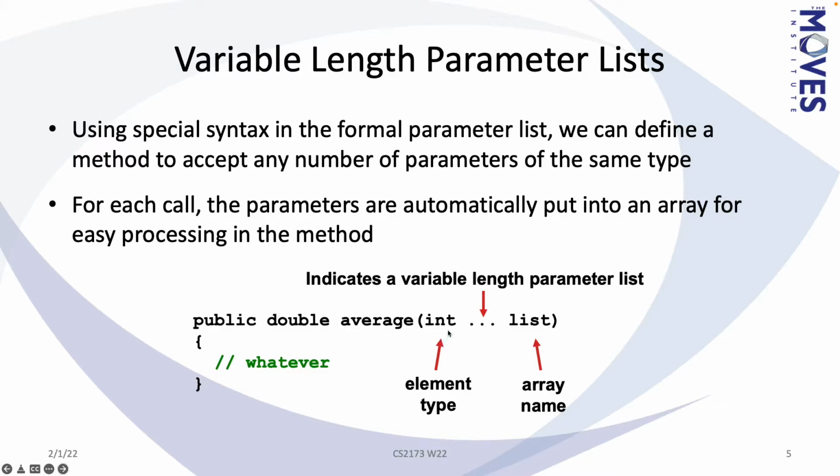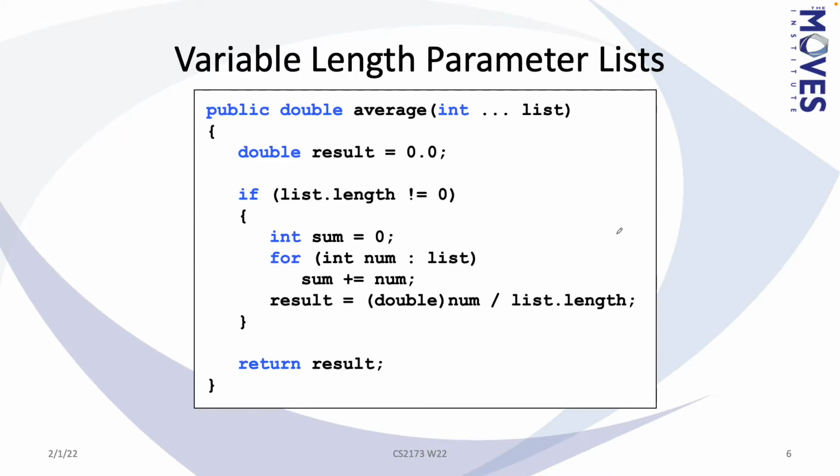It doesn't really matter. So this is the type, and it's a variable argument, and then this is just the dummy argument variable. Now what it does on the inside is it turns it into an array. So inside the method, you treat it like an array.